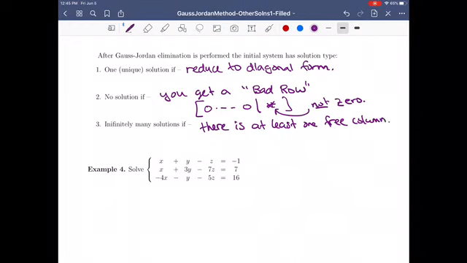That means at least one free variable, and no bad row. So the bad row trumps everything. You can never have a bad row in the other two cases. If you get a bad row, it instantly means no solution. So there's at least one free column, i.e., at least one column without a leading one.